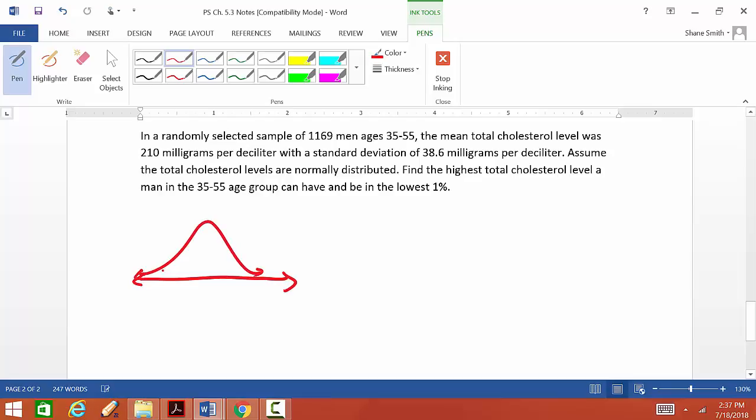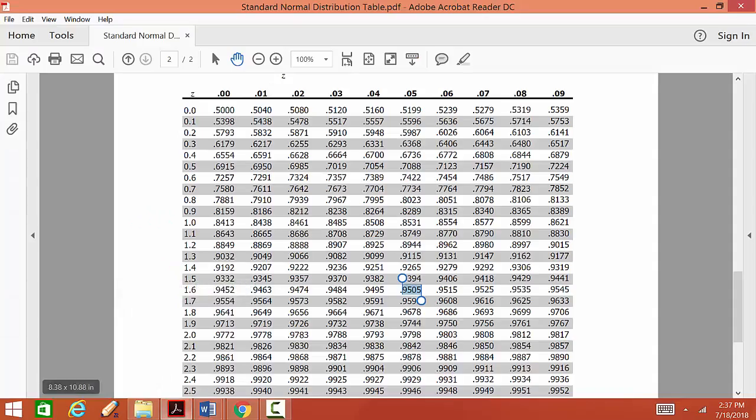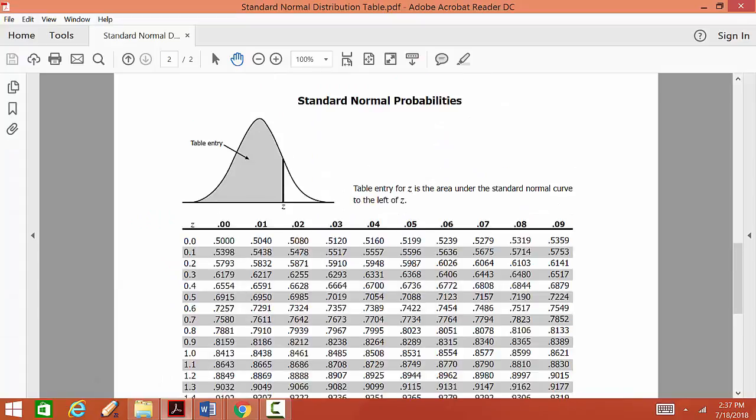And the lowest 1% is right here. Now notice this isn't to the right. This is just the lowest 1%. So what's the z-score for the lowest 1%? Well, that is going to be just 0.01.